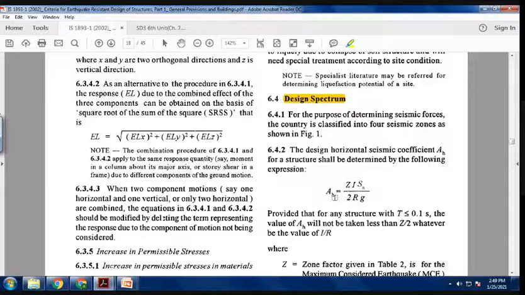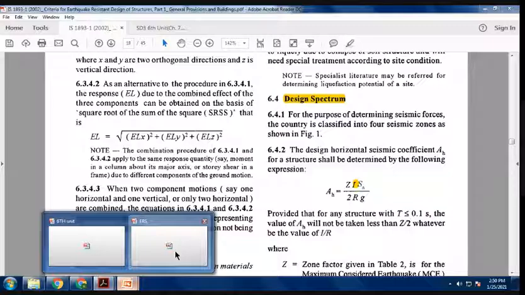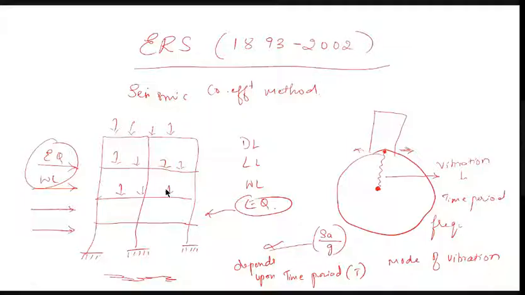After that, we will calculate this Ah. Ah is nothing but the seismic coefficient. Here you can see Z, I, R, and Sa by g. The seismic coefficient Ah is given by Z into I upon 2 times R multiplied by Sa by g.